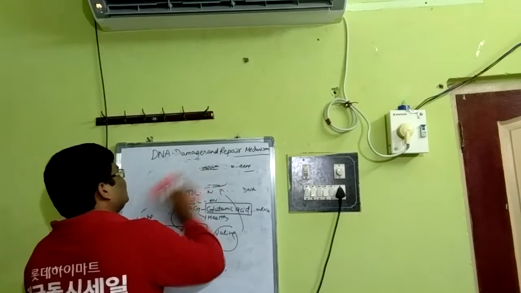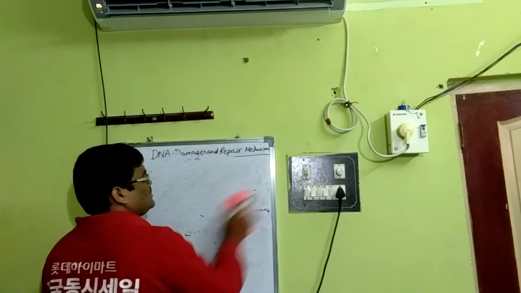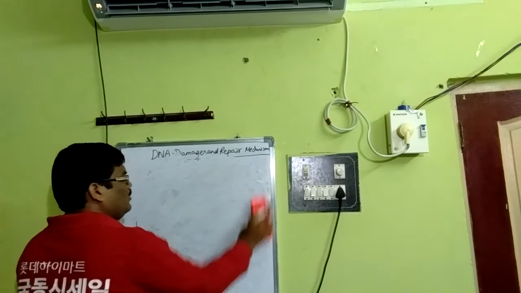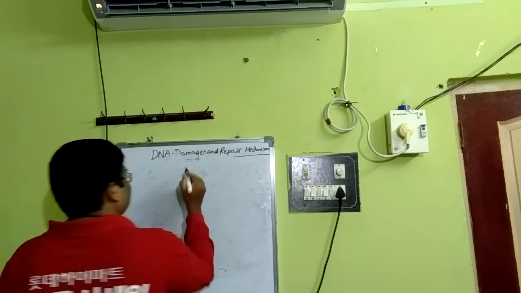Then, to counter these, we have repair mechanisms. So it's about different consequences of DNA damages because of mutations, and how we counter them. We have an effective repair mechanism.